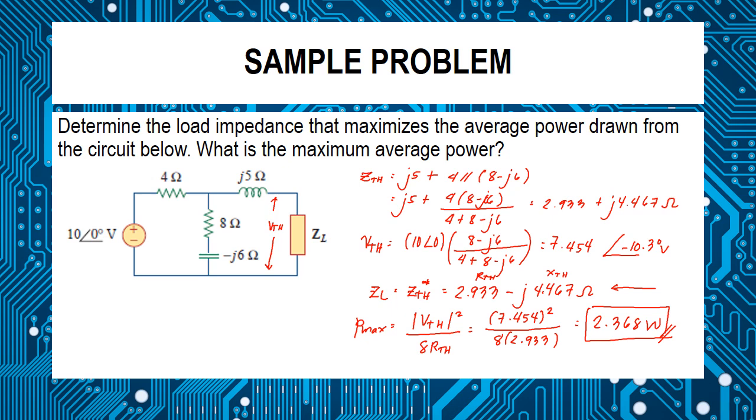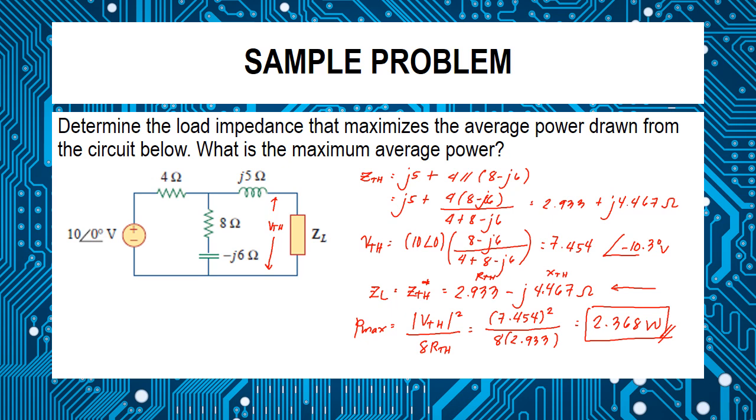And this is equal to 2.933 plus J4.467 ohms. So after solving the ZTH, we need to solve for the VTH.